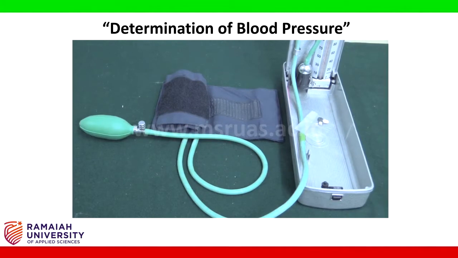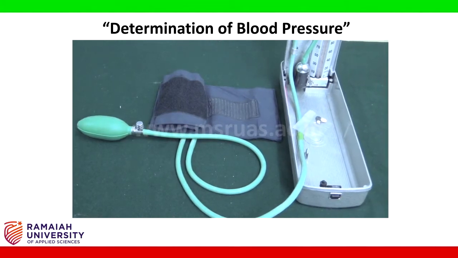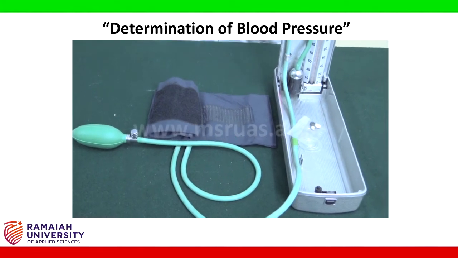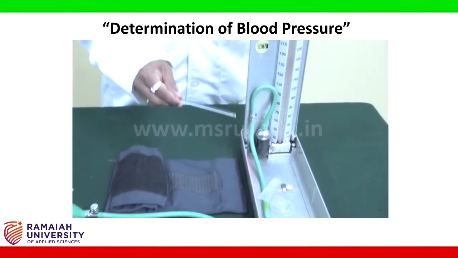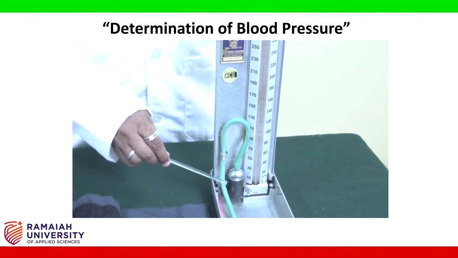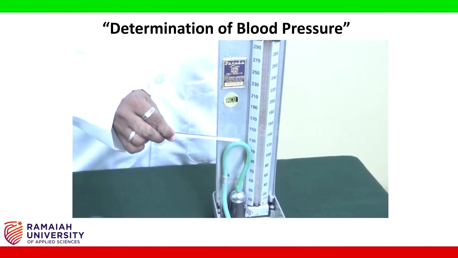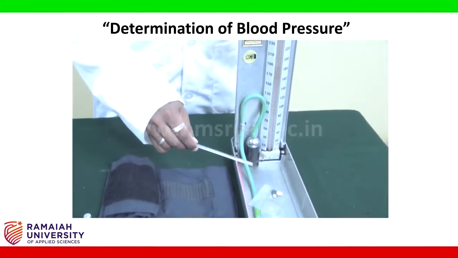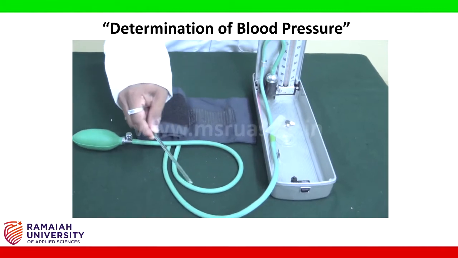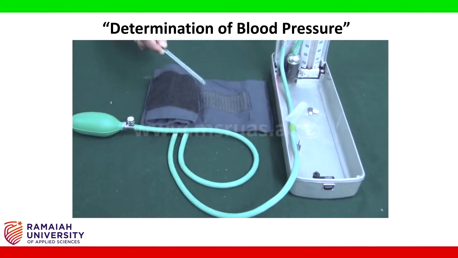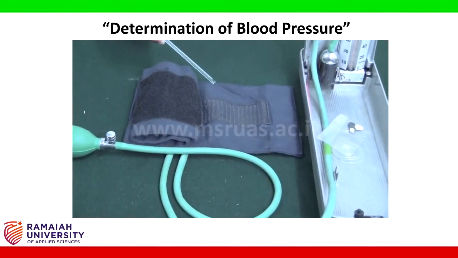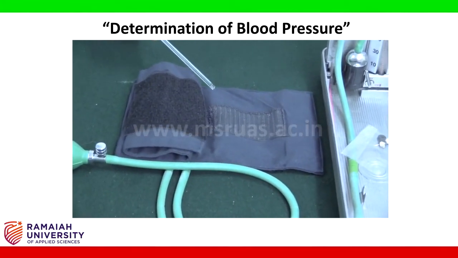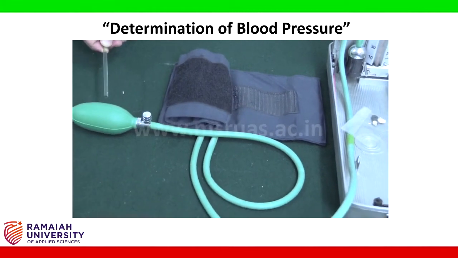Sphygmomanometer, in which sphygmo means pulse, mano means thin, and metron means to measure. Sphygmomanometer consists of mercury manometer, a graduated tube, rubber tubing, armlet or airbag, which is generally also called as cuff, and air pump.